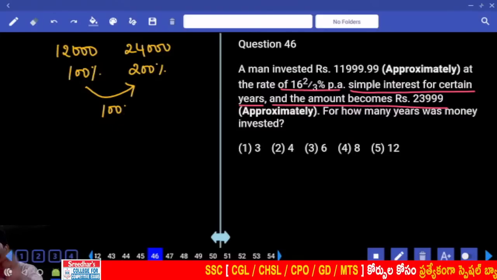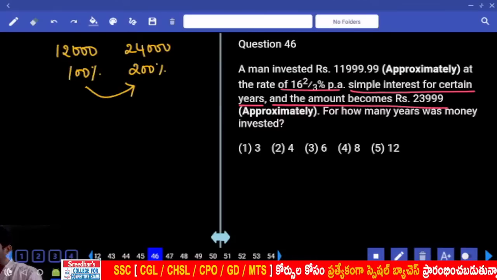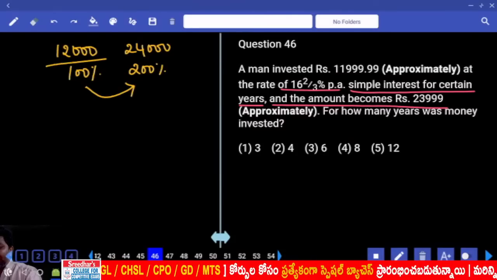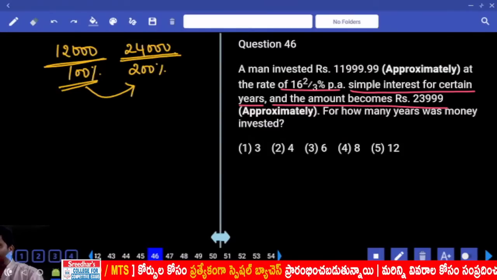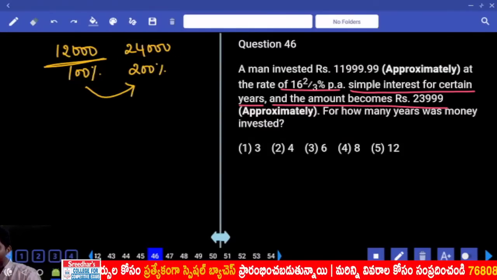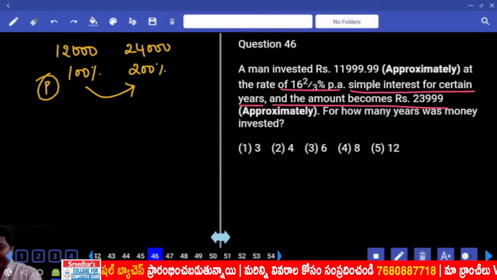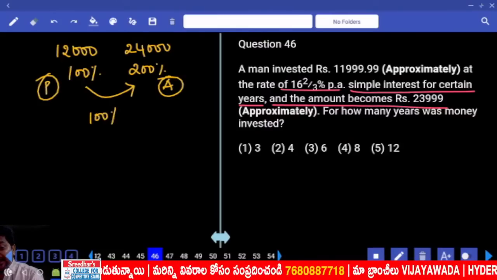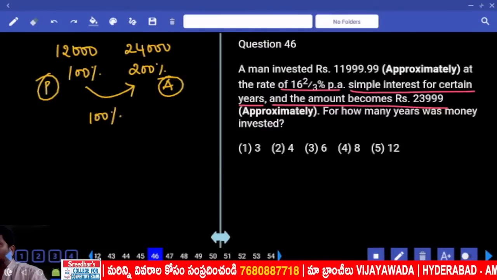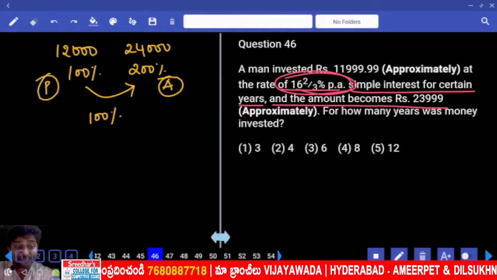₹12,000 invested and it became 24,000. Is this clear now? Principal is always 100%. If 12,000 is equal to 100%, because 12,000 becomes double, 100% will become double and it will become 200%. This is our principal and this is our amount. Interest obtained is 100%. Total interest obtained is 100%. But per year how much is that?